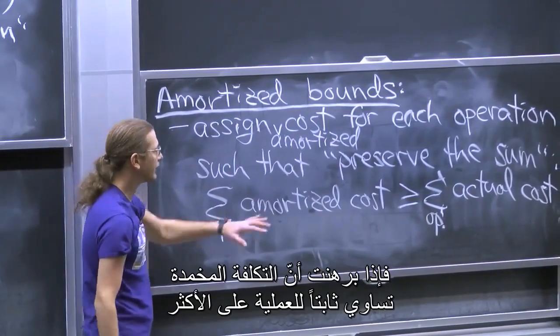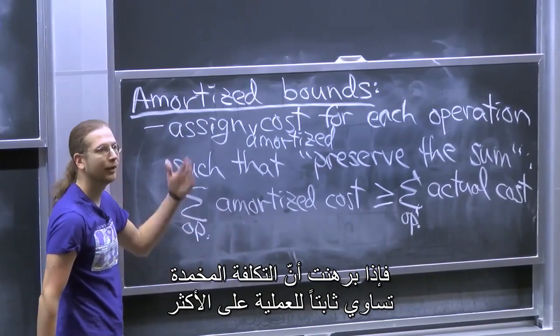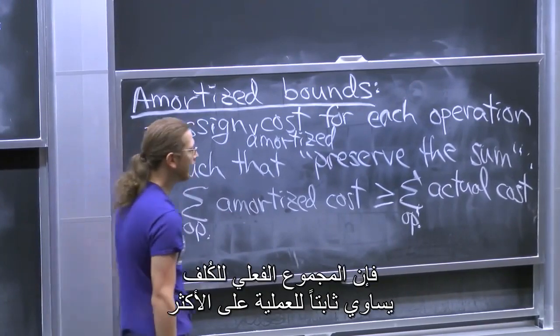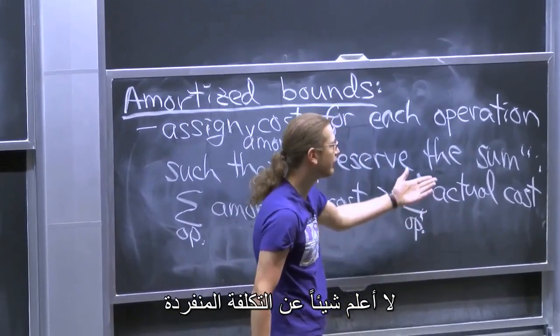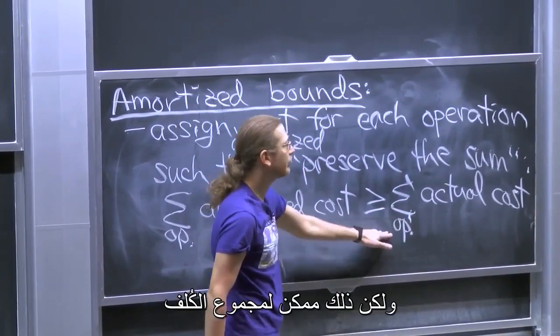So if I can prove that the amortized costs are at most, say, constant per operation, then I get that the sum of the actual cost is at most constant per operation. I don't learn anything about the individual costs, but I learn about the total cost.